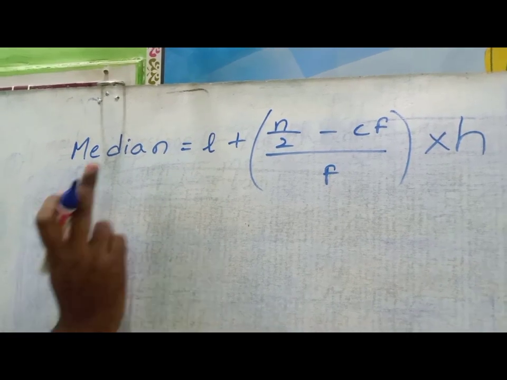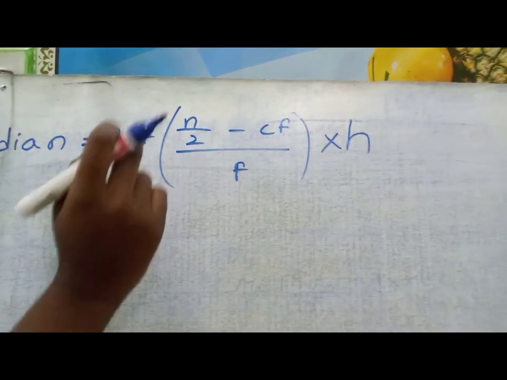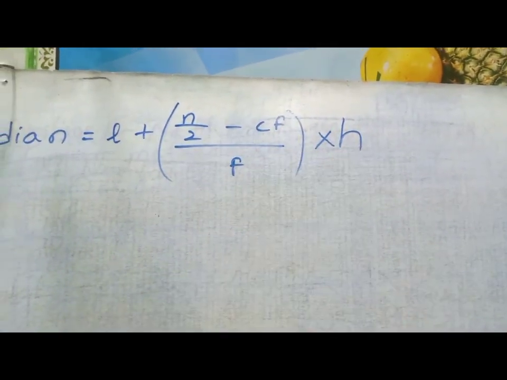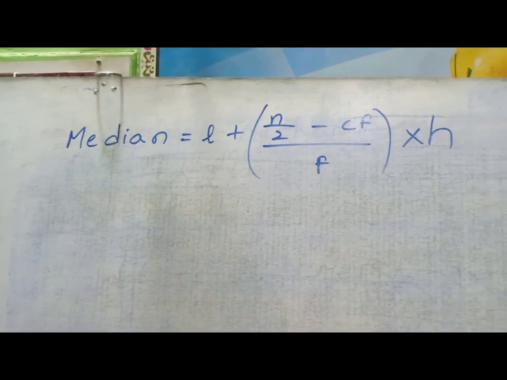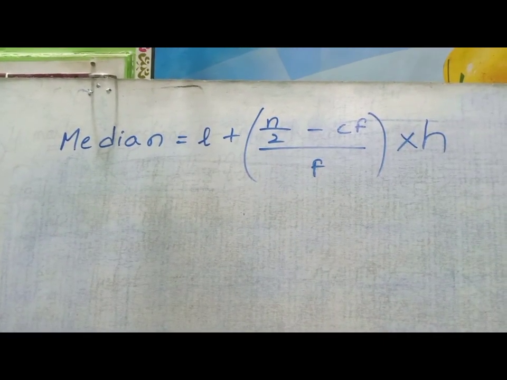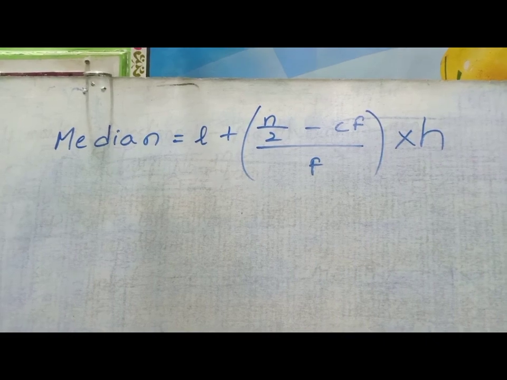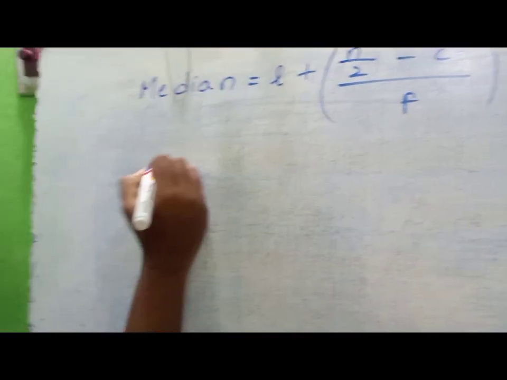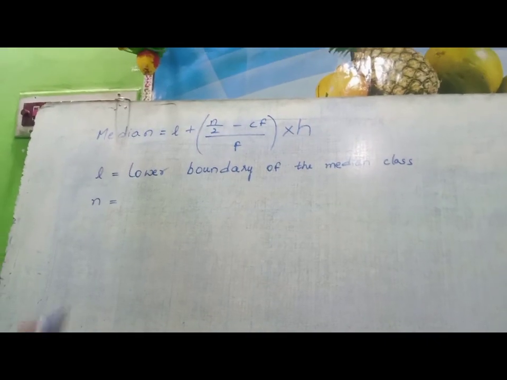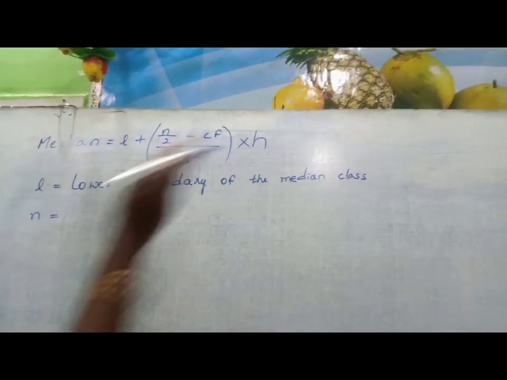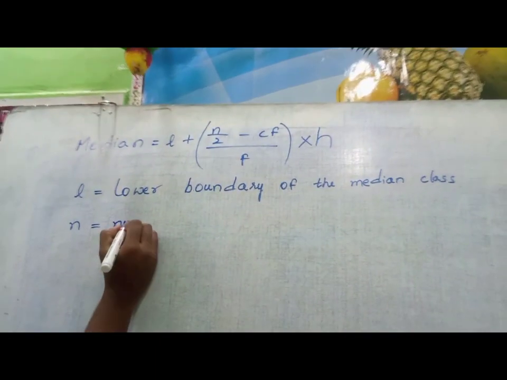The formula to find median is L plus n by 2 minus CF by F into H. In exam they can ask you to write the formula and expand each term in it. So we'll write the formula and expand each term in it. L is lower boundary of the median class. N is number of observations.